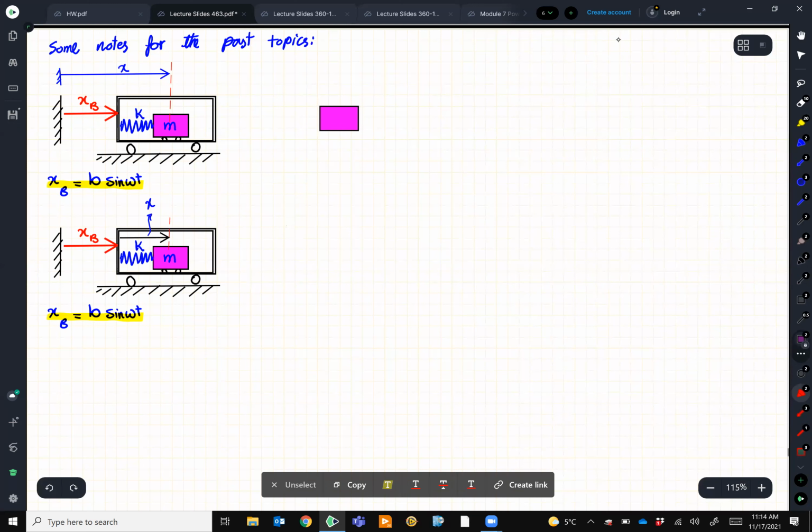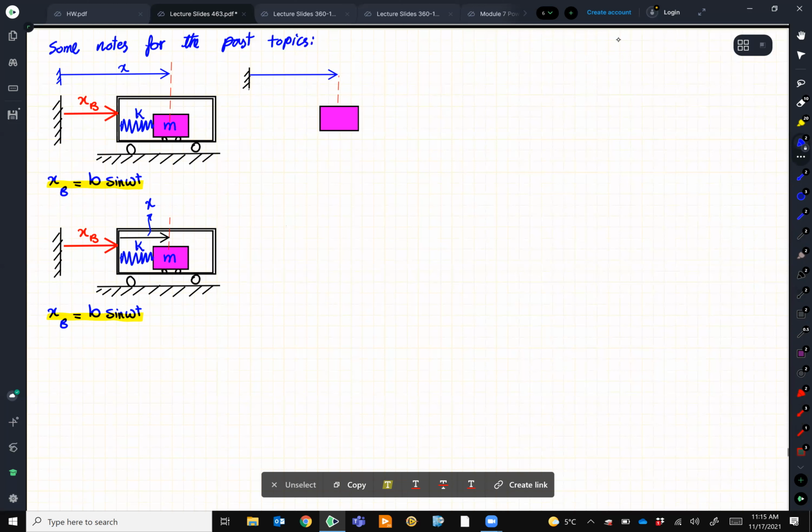So my free body diagram will be, so I have the mass, and the coordinate that measures its center. Right.